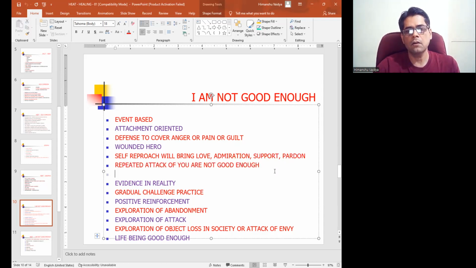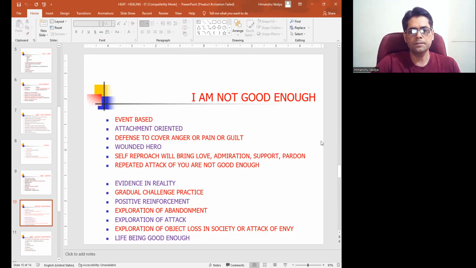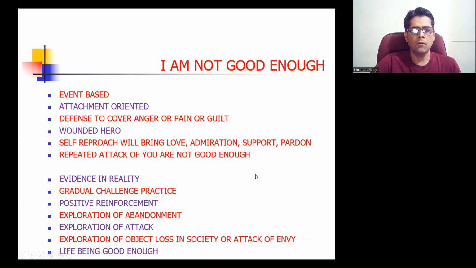Repeated attacks of you are not good enough from significant others. Well, how do we go about? We go about with evidence on reality. That is, is there evidence that you are not good enough, or is it just a belief? So we try to put together the belief and reality and try to integrate them.